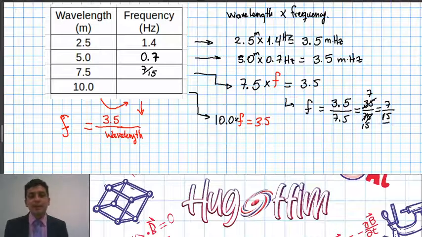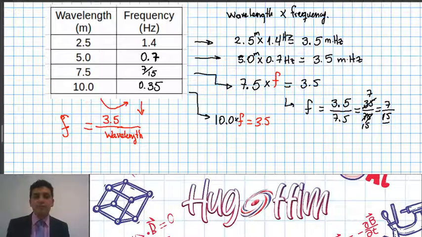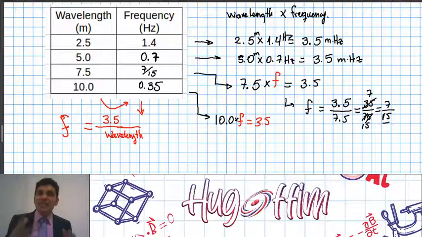Okay, in this case 3.5 divided by 10, so it's 0.35. And this is how you can predict information using inversely proportional magnitudes.